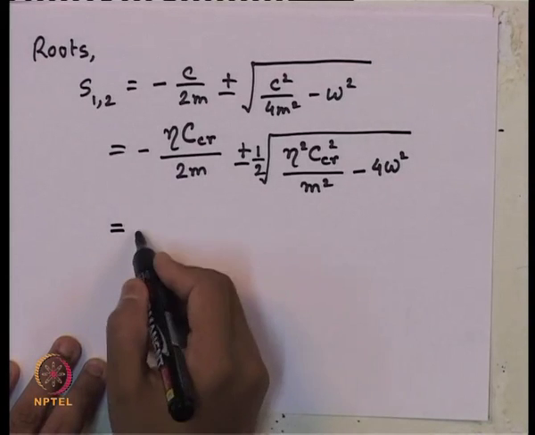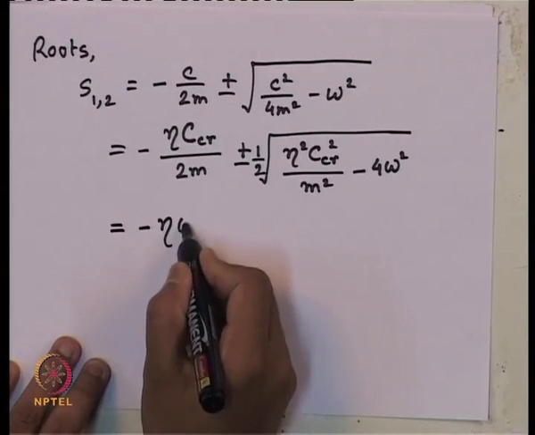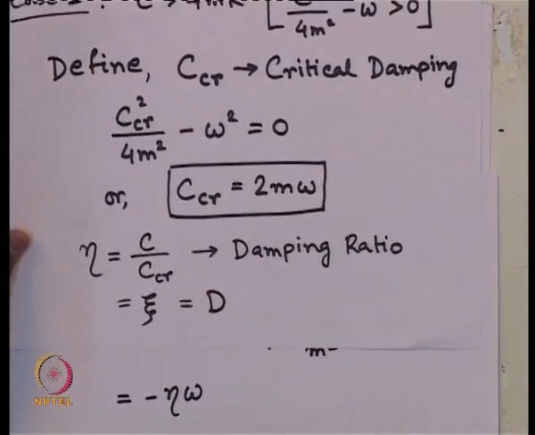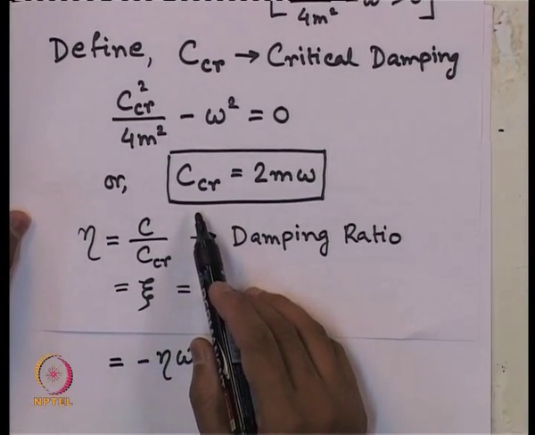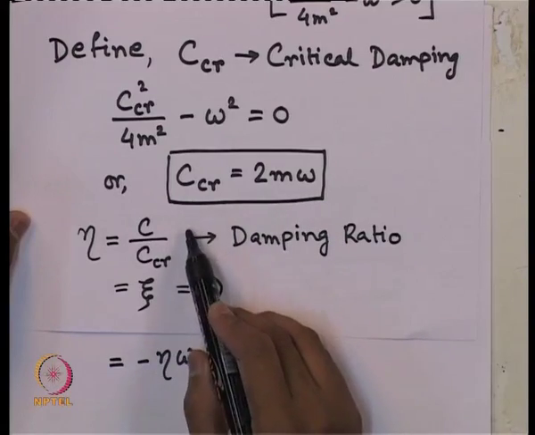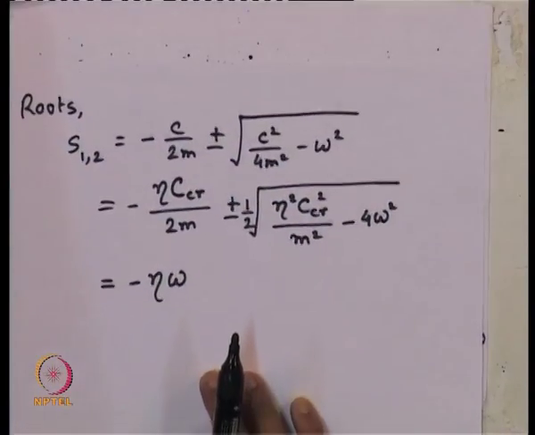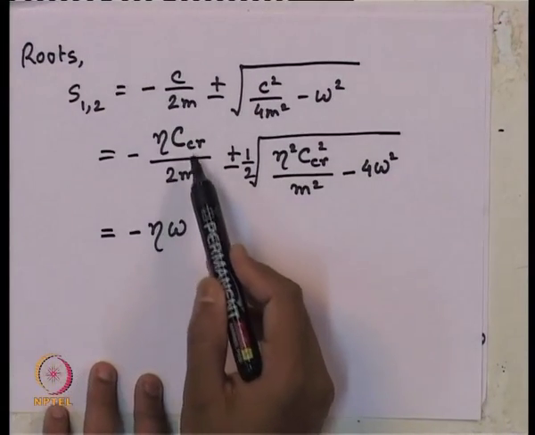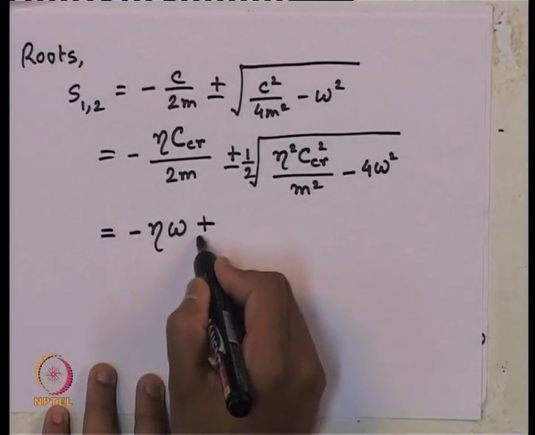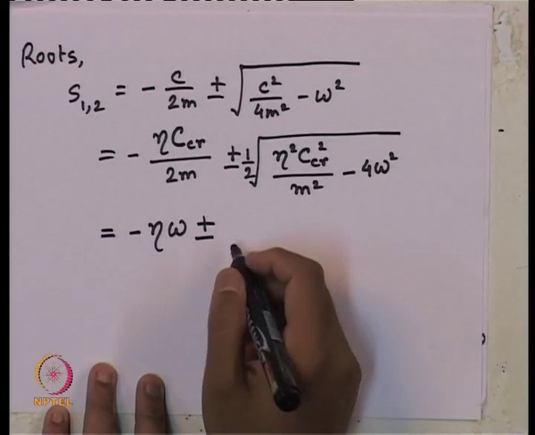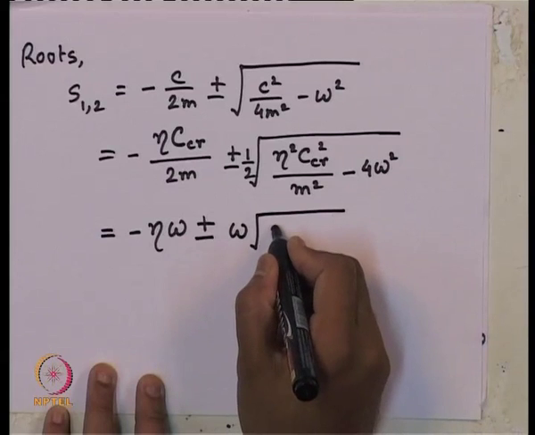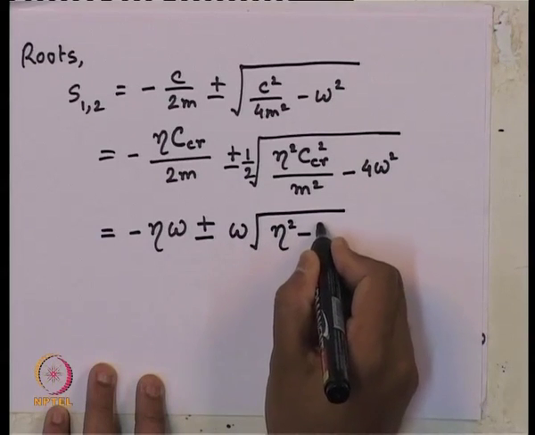Now, this will give us minus eta omega. Why? Let us look at the expression we had given earlier. C_CR is 2 m omega. So, what is omega? C_CR by 2 m. So, the same relation we have used here, C_CR by 2 m is omega. So, minus eta omega plus minus omega root over eta square minus 1.